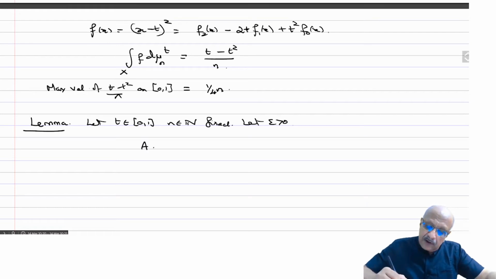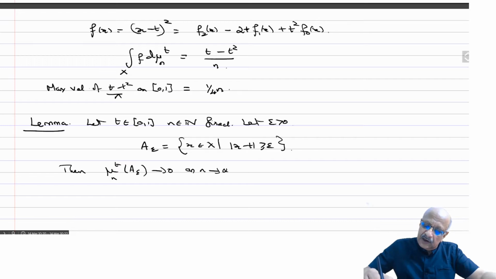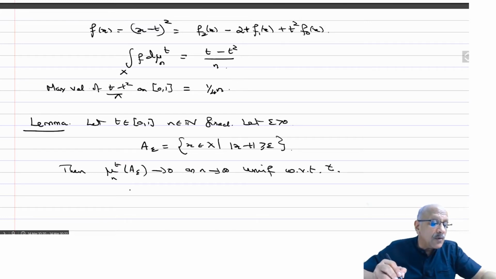A epsilon equal to the set of all x in X such that mod x minus t is greater or equal to epsilon. Then mu n t of A epsilon converges to 0 as n tends to infinity uniformly with respect to t. Okay, so proof.